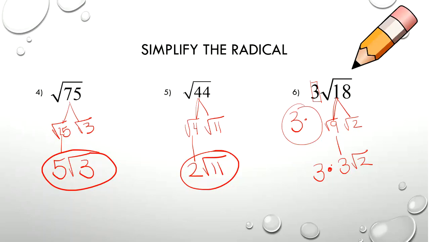Technically, guys, it's going to be 3 times 3 square root of 2, which we can simplify down into 9 square roots of 2. So if there is a number sitting outside of the radical, what you're going to want to do is multiply it by the 3 or whatever you get out of your perfect square once you square root the perfect square.